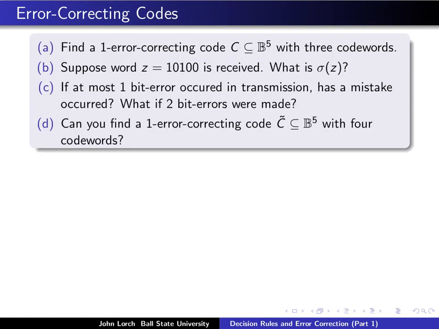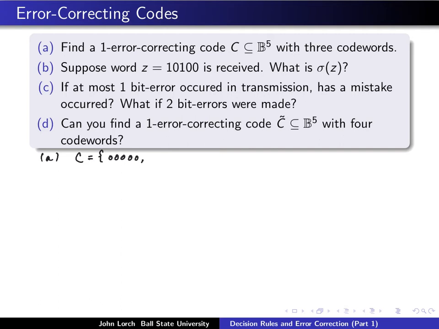Okay, here we have an example involving error correcting codes. In part A, we're supposed to find a one error correcting code on binary strings of length 5 that has 3 code words. Here, we're just going to go by trial and error and see what happens. Let our first code word be the code word consisting of zeros.